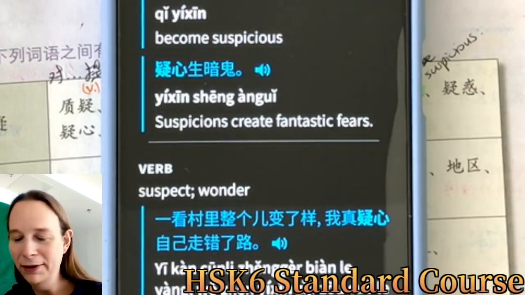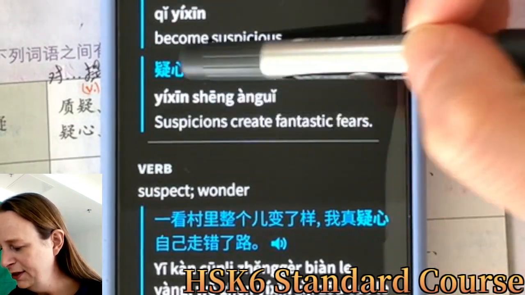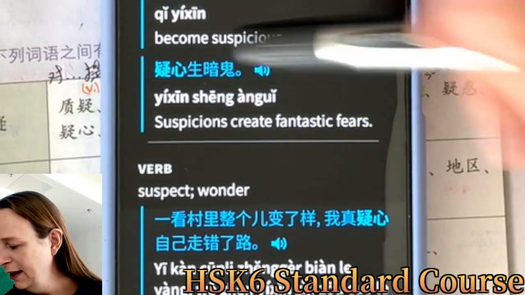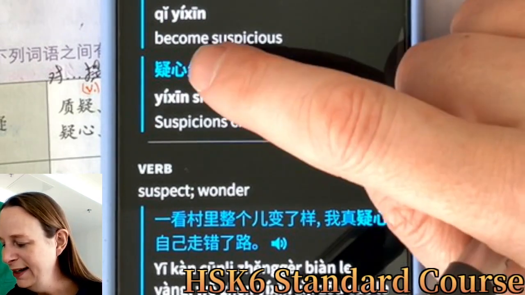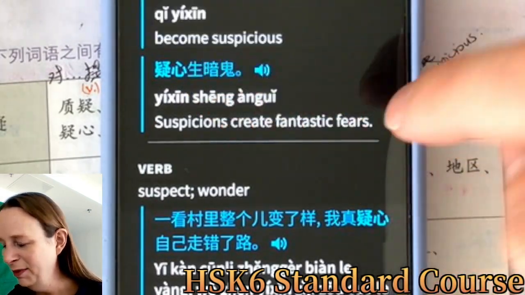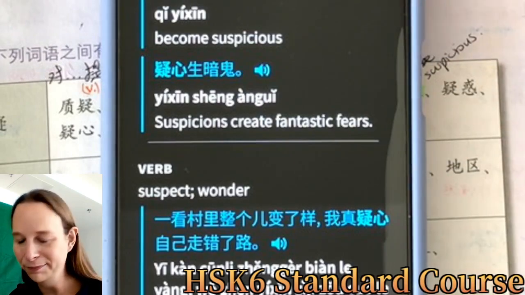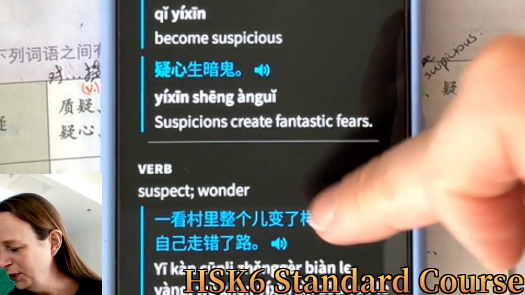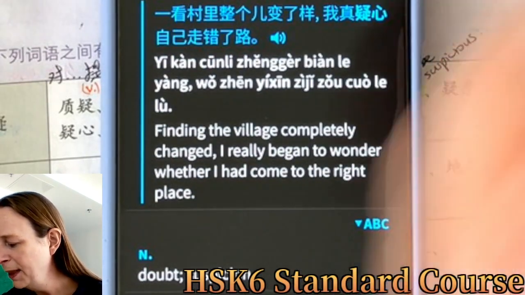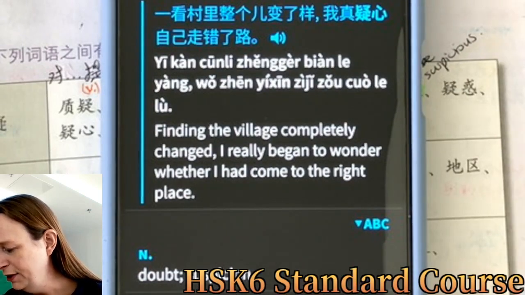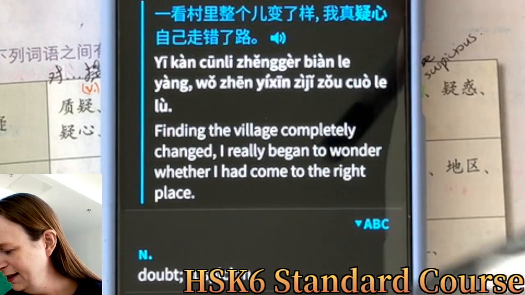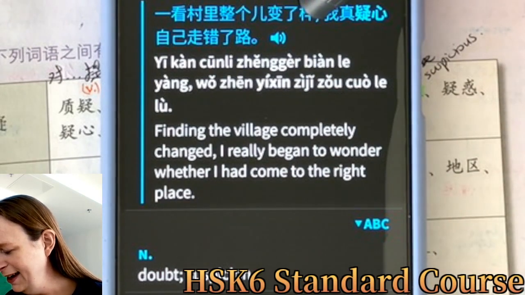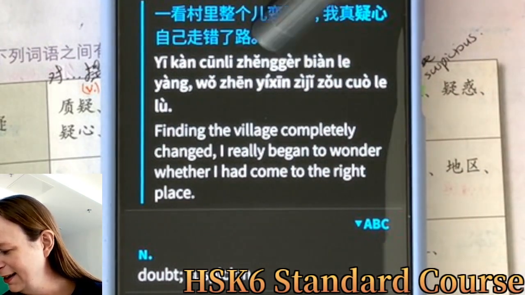疑心生暗鬼. Okay, so this is a metaphor. 疑心 suspicions create 暗鬼. So 鬼 is ghost, right? 暗 is dark, so 暗鬼 is probably monsters. Suspicions create monsters or something like that. 一看村里整个变了样. 整个, is that a word?